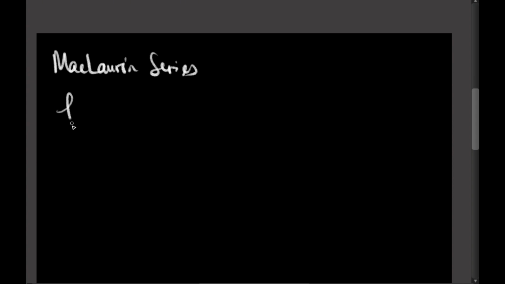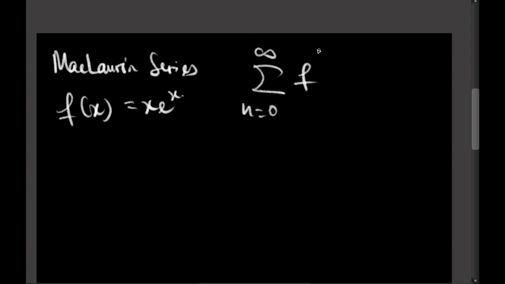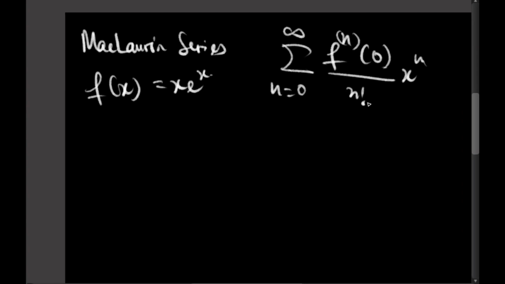Okay, so for the function f(x) equal to x multiplied with e to the power of x, right? For this, first of all, we need to write the formula of the MacLaurin series, right?